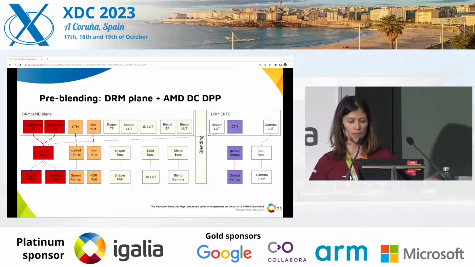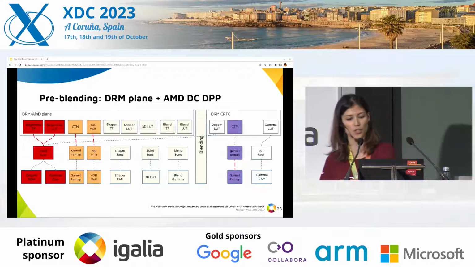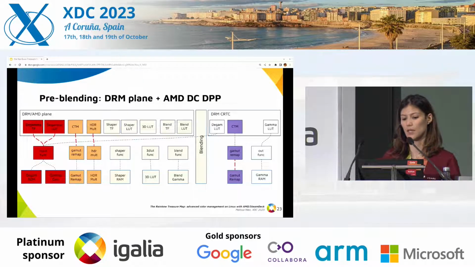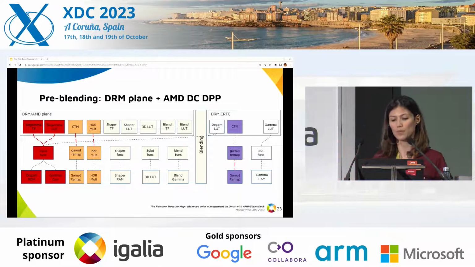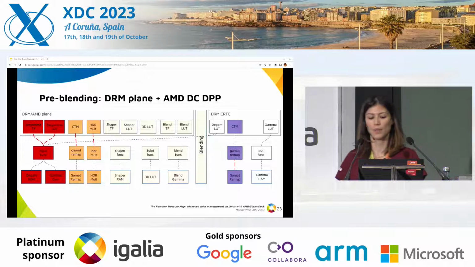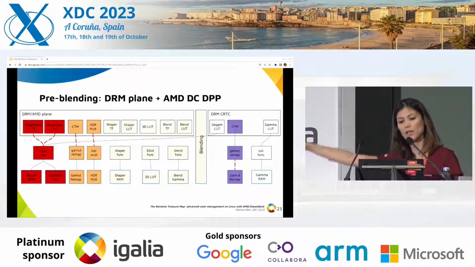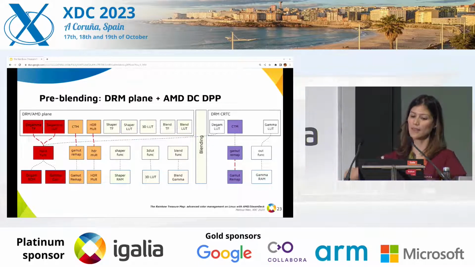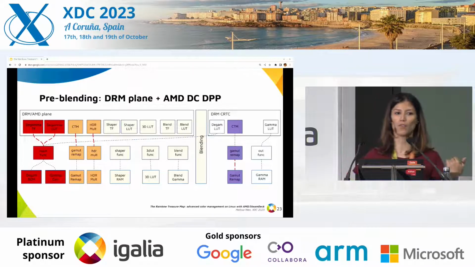Then we need a 3D LUT. But a 3D LUT has a limited number of entries in each dimension, and because of that, we want to use it in a color space that is optimized for human vision, that means in a nonlinear space. Therefore, user space needs one 1D LUT before the 3D LUT to linearize content before applying the 3D LUT, and then another one after that to linearize content for blending.